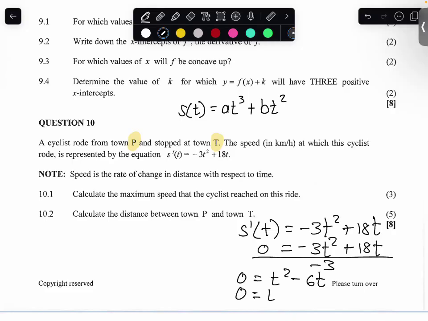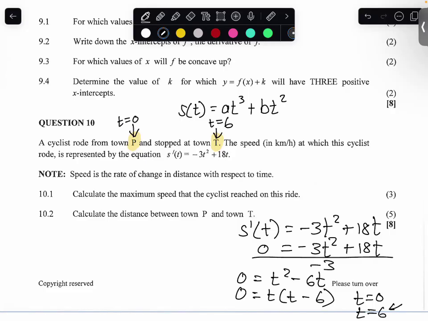Factorize that. That gives me t is equal to 0 and t is equal to 6. So at time is equal to 0, he was at town P, and at time is equal to 6, he was at town T.